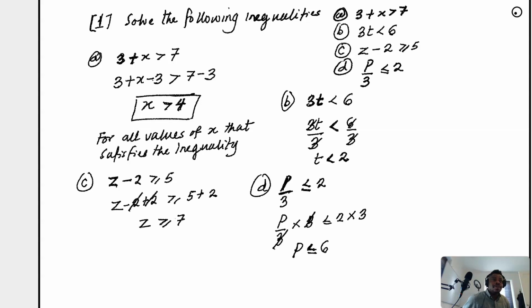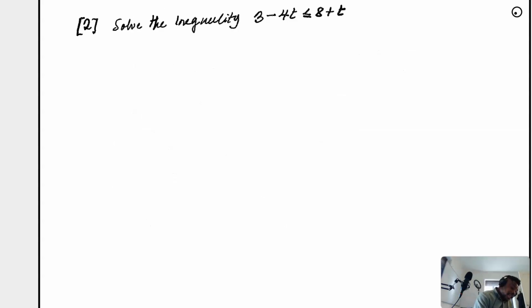Let's continue. Now, let's check this one here. Solve the inequality. On the left-hand side, we have 3 minus 4t is less than or equal to 8 plus t. So, let's assume I want to remove this 3 on this side. That means I have to add minus 3, right?